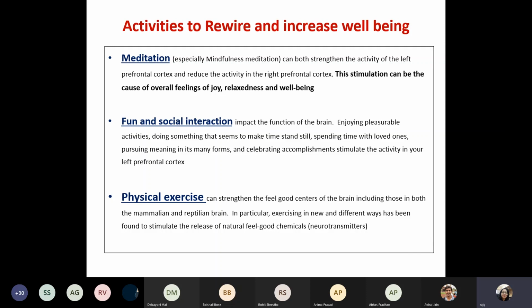So that's why, if you exercise daily, especially if you do some cardiovascular exercise, you feel your well-being improves. What is cardiovascular exercise? Cardiovascular exercise is where your heart rate increases above your normal, and you sweat because of the effort that you put in.